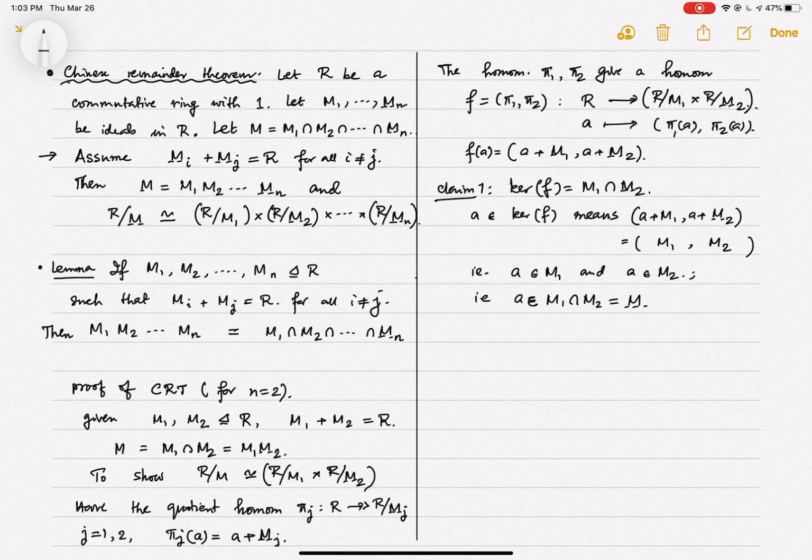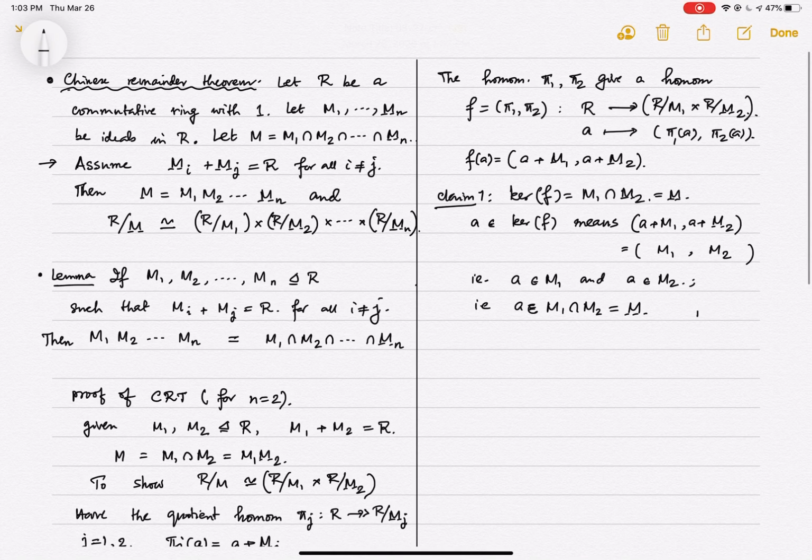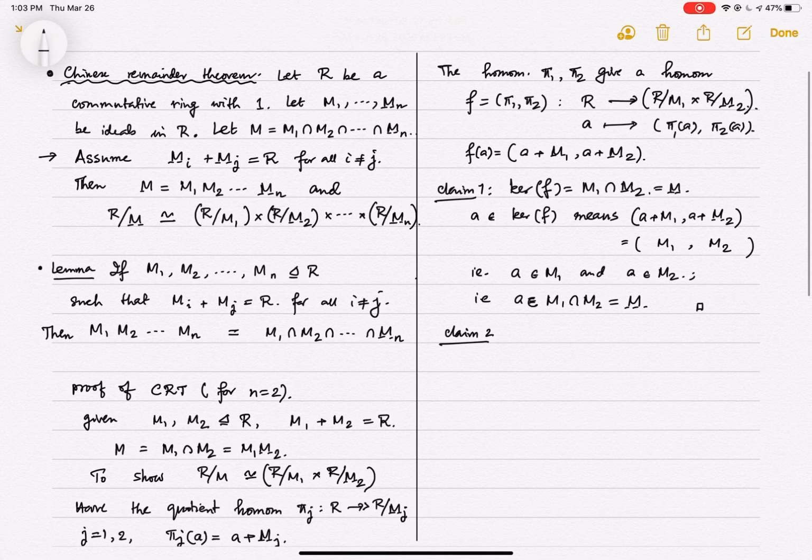So the kernel is the intersection. That's claim 1. And claim 2 now is that this f is onto.